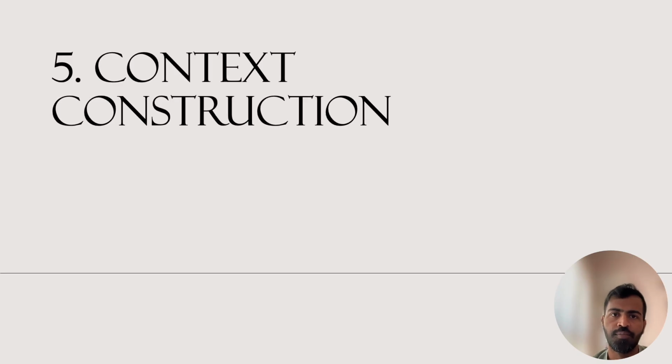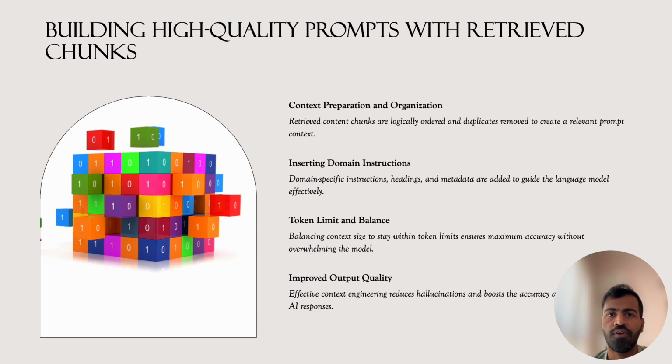Building high quality prompts with retrieved chunks. Let's understand it. So the context construction layer turns retrieved chunks into a clean, usable prompt for the LLM. The goal is to maximize relevance and signal while minimizing redundancy and wasted tokens.